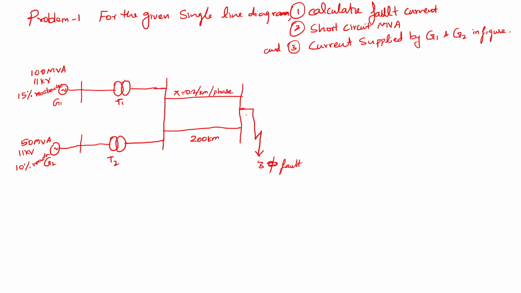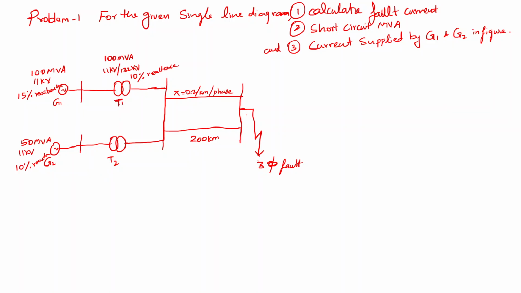And the ratings of transformers: it is again 100 MVA and 11 kV to 132 kV, so it is a step up, and 10% reactance for T1. This is T1.